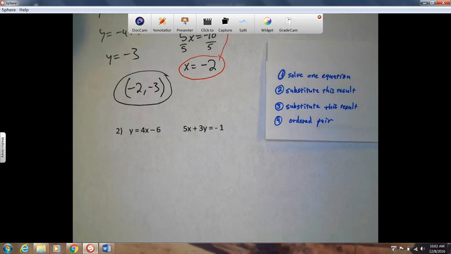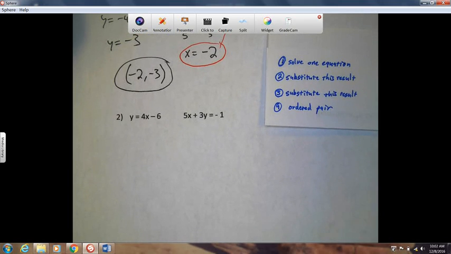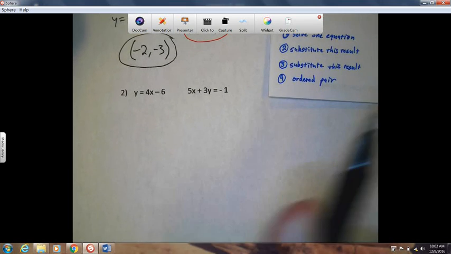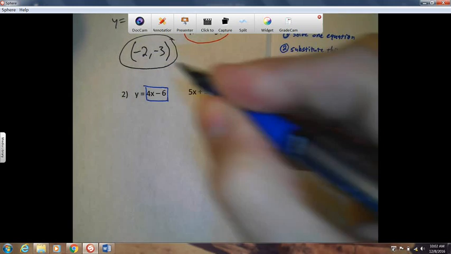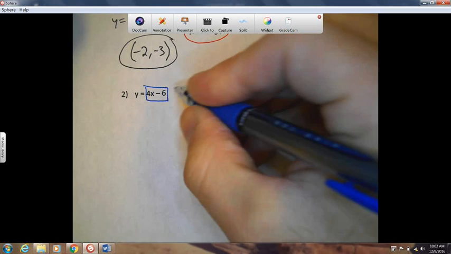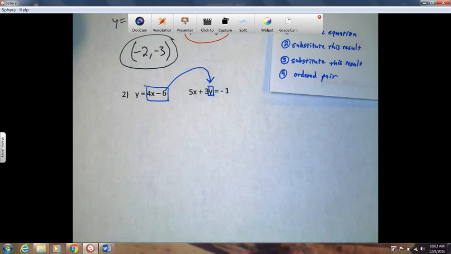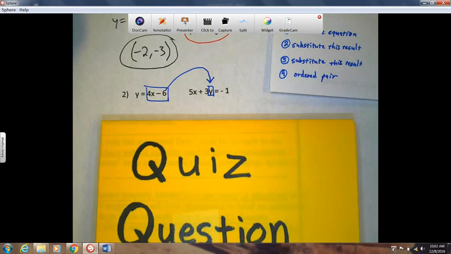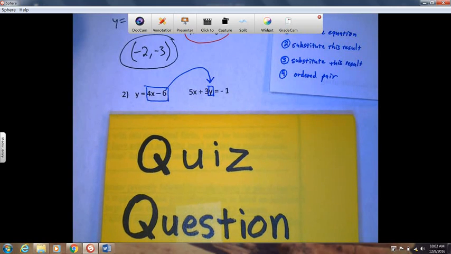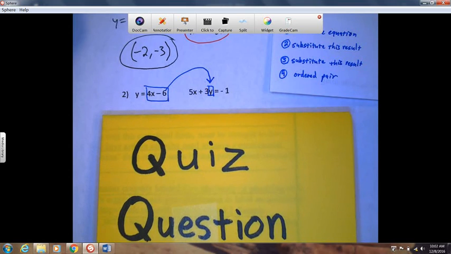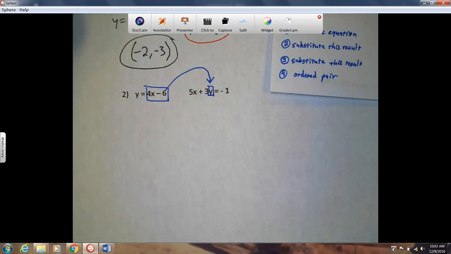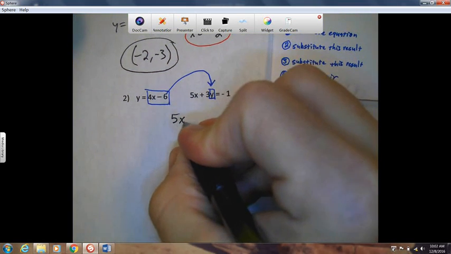So we go through. I want to solve one of the equations. I already have y equals. So I'm going to put it in here for y. Okay, this is one you need to pay attention to. If I put it in there, make sure you put it in with parentheses in this case. It really needs it because I have to do distributive property. The 3 stays.